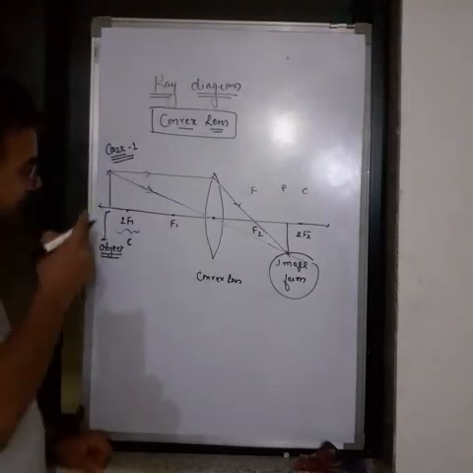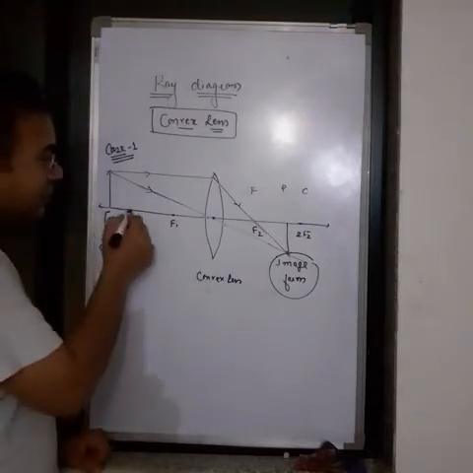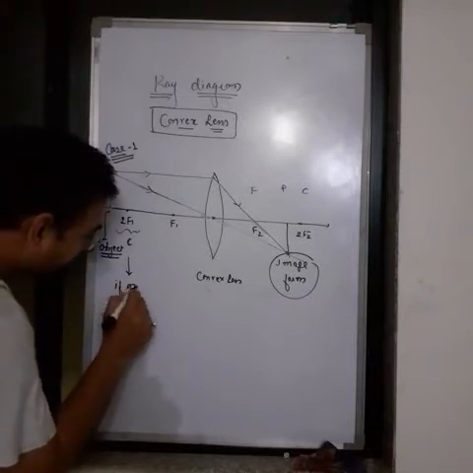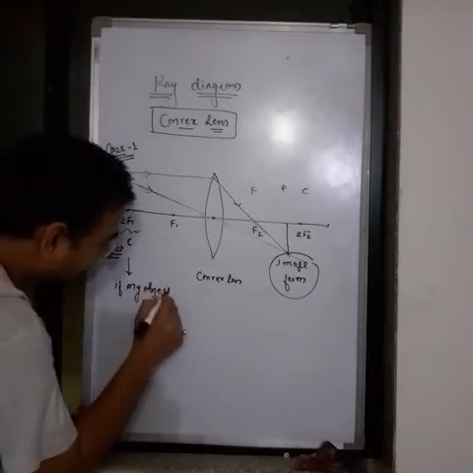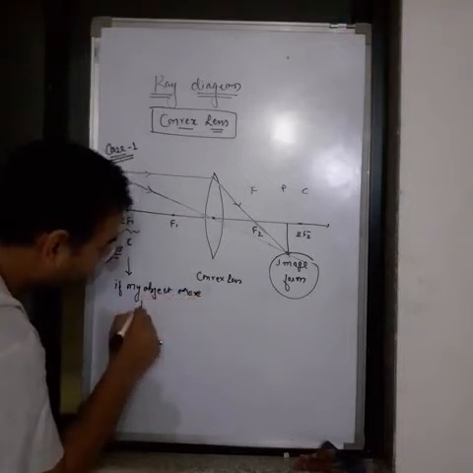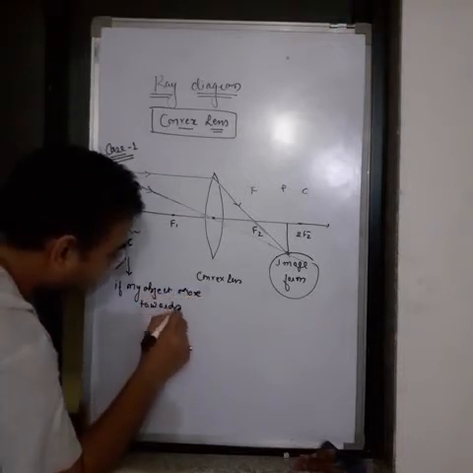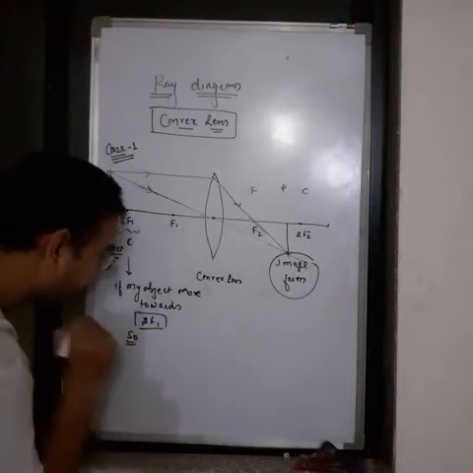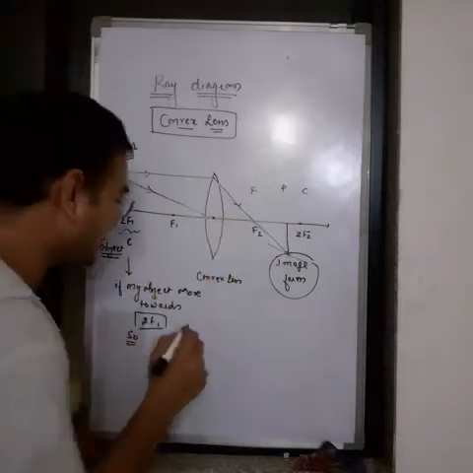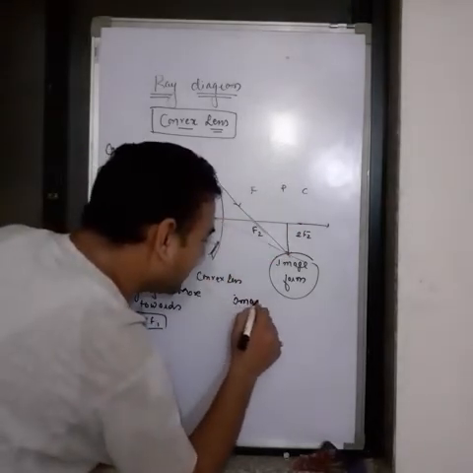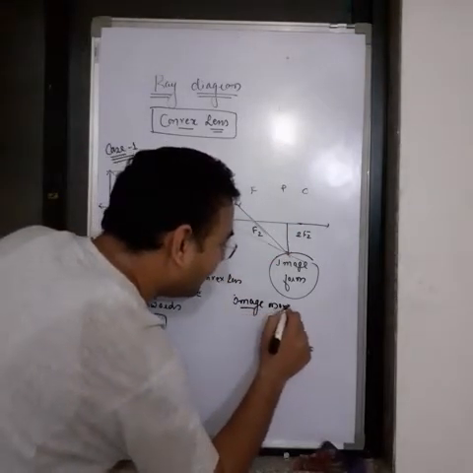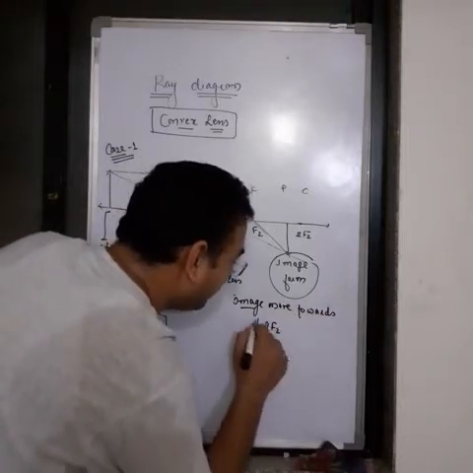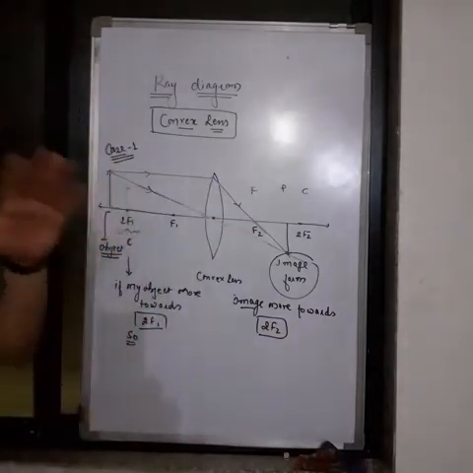Suppose we are moving towards the 2F, which means if my object moves towards 2F1, my image moves towards 2F2. See, a very similar phenomenon.